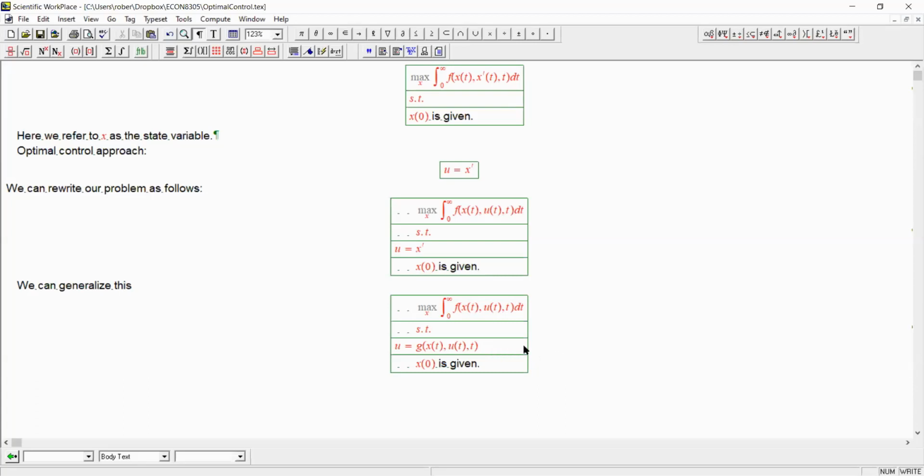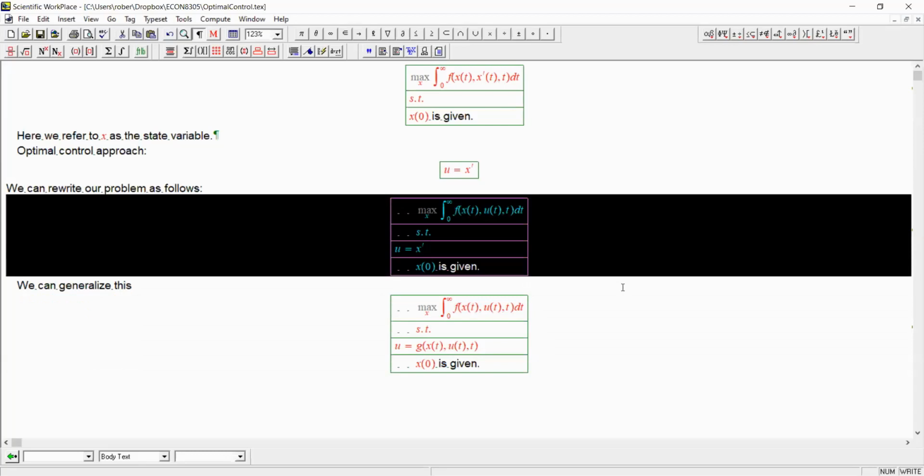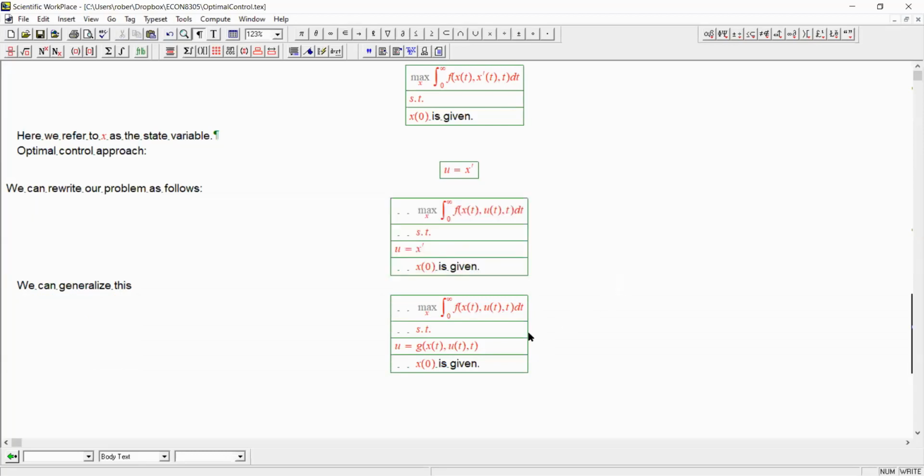Now it should be clear that this fits under this umbrella, because of course if I take f and plug in g here, it should be clear that this is equal to some other function f that ultimately depends only on these arguments.